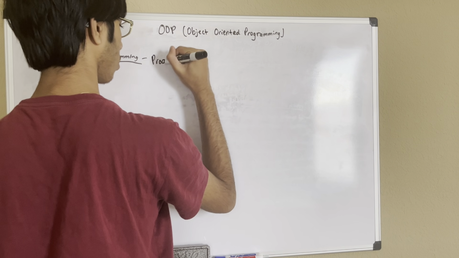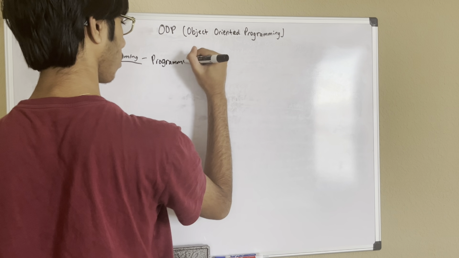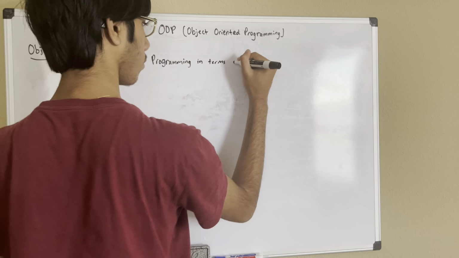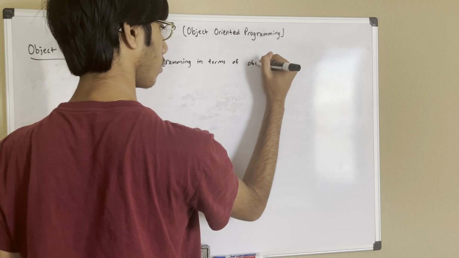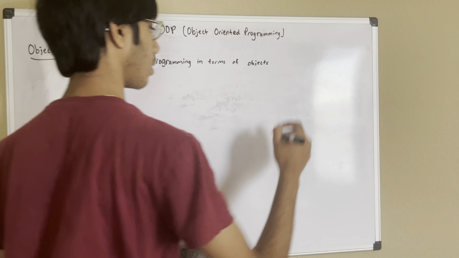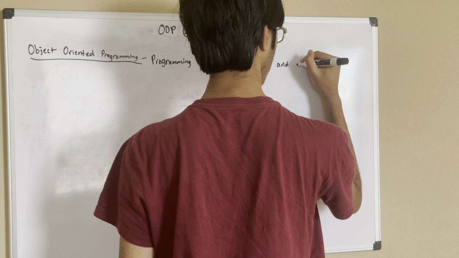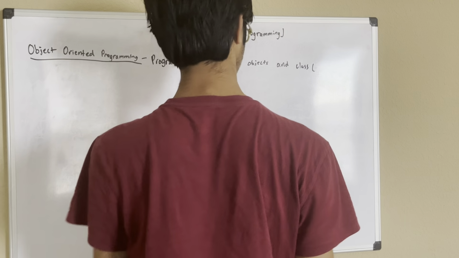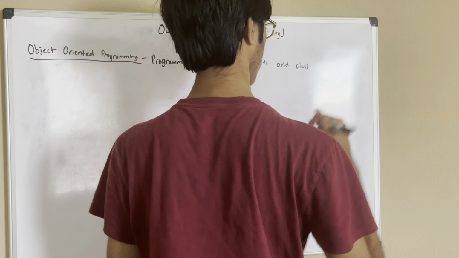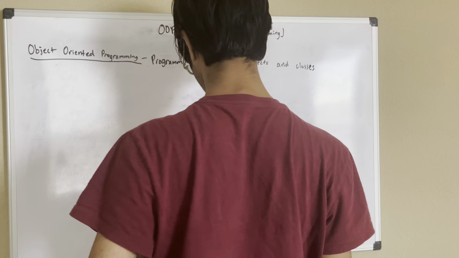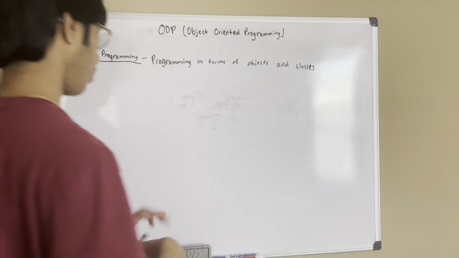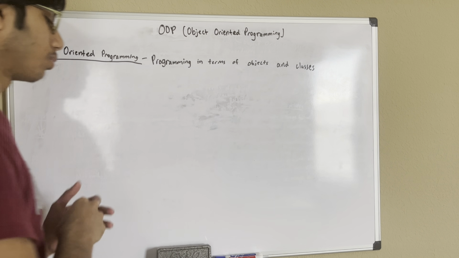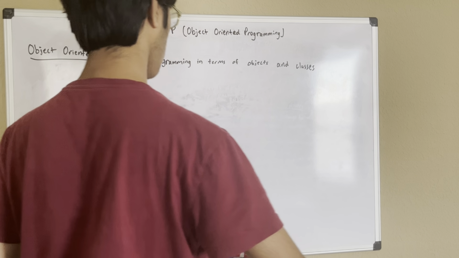Programming in terms of objects and classes. Okay, so kind of a key definition, object-oriented programming: programming in terms of objects and classes.